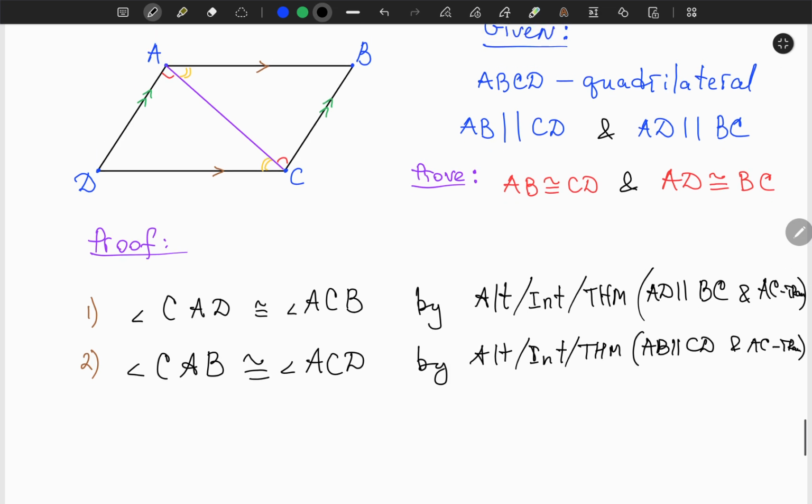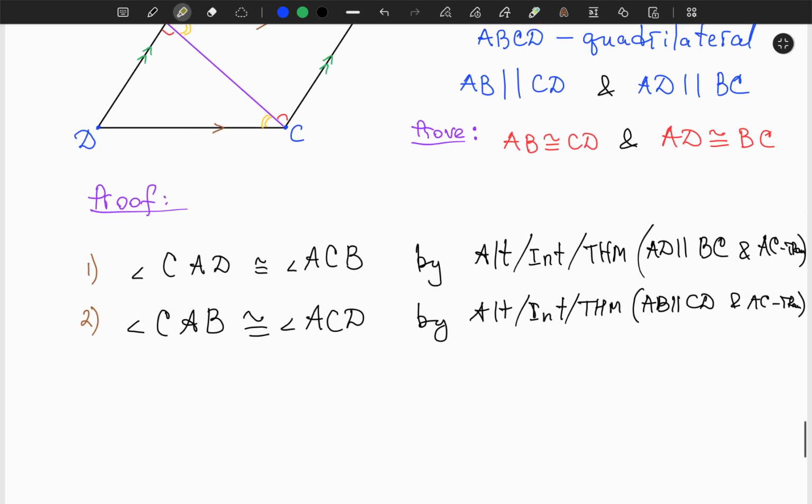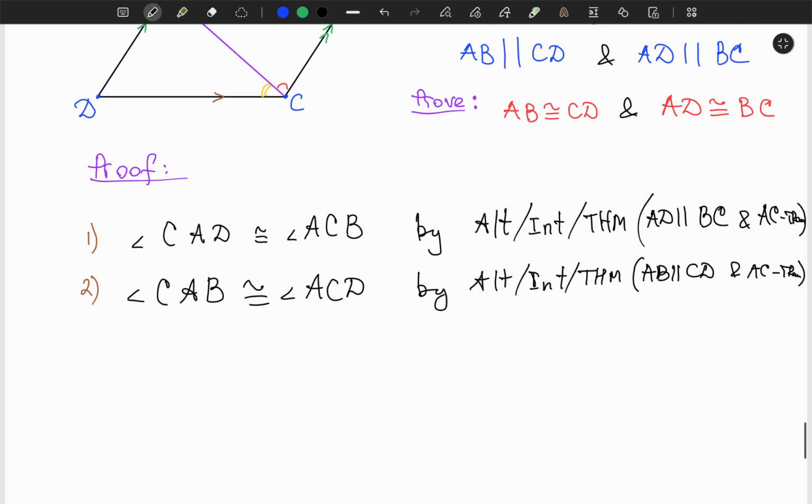Once we draw the transversal, line AC, we created two triangles, triangle ACD and triangle CAB. What can we say about those two triangles?